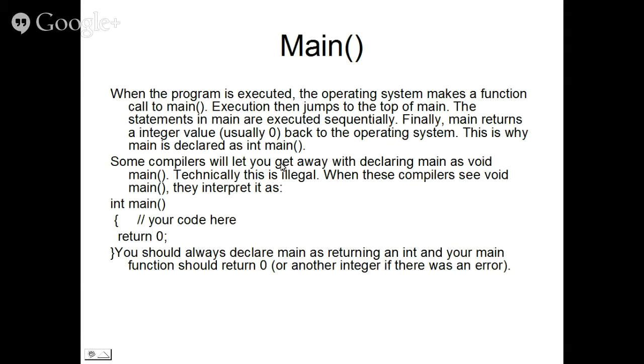Some compilers will let you get away with declaring main as void. So you can even declare your main as void, meaning void main, the compiler will not give you any error. But technically this is not good because we should have a way to find out whether main was successful or not. So it makes sense that you declare your main as an int main rather than a void main.